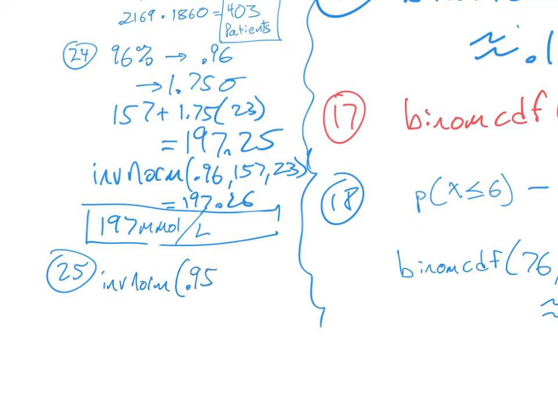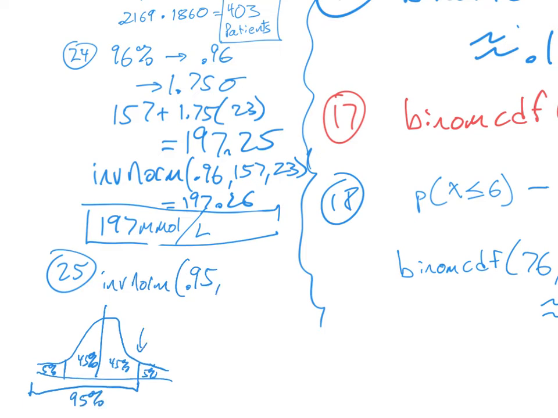Right, 95%. Okay, here's our bell curve again. Whoa, that's ugly. Okay, bell curve, not much better. So we've got 45% here, 45% here, 5% here, 5% here on my ugly curve, and this is 95%.